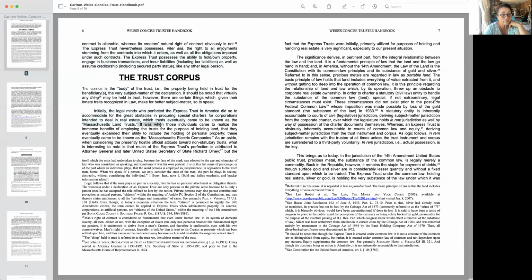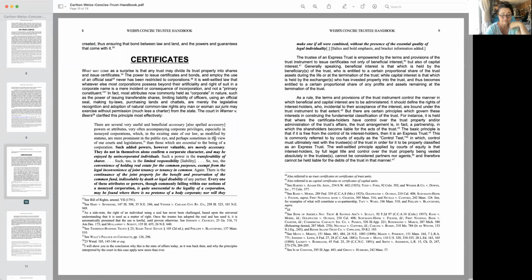It was when those individuals came to realize the immense benefits of employing the trust for the purpose of holding land that they eventually expanded their utility to include the holding of personal property. These eventually came to be known as the Massachusetts electric companies. Interesting.